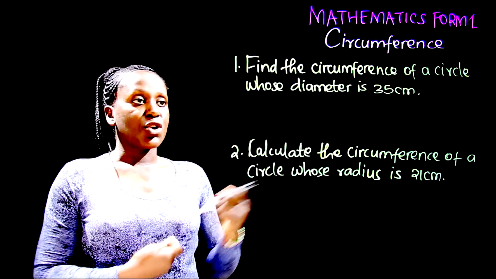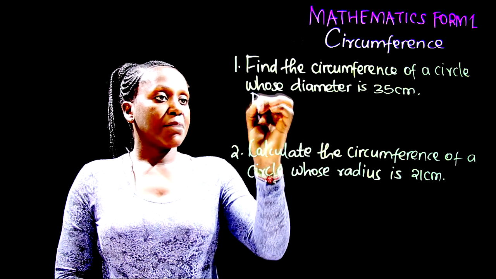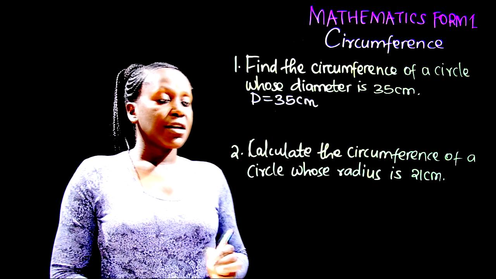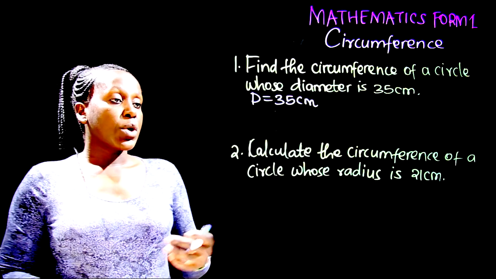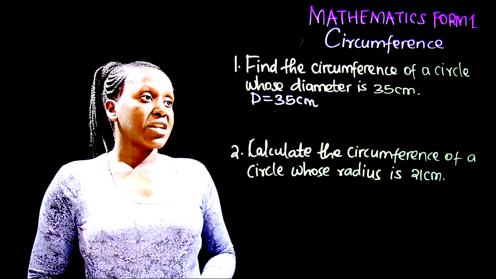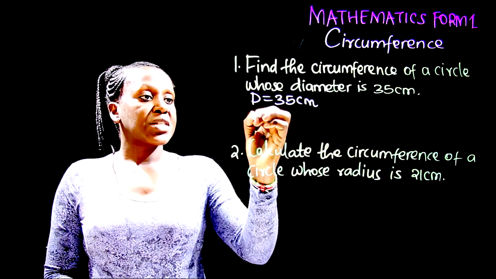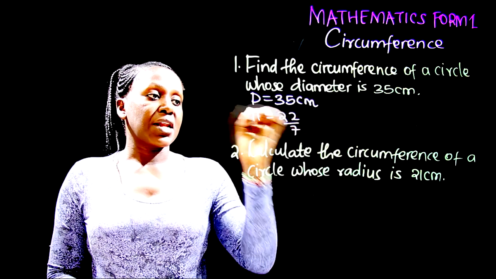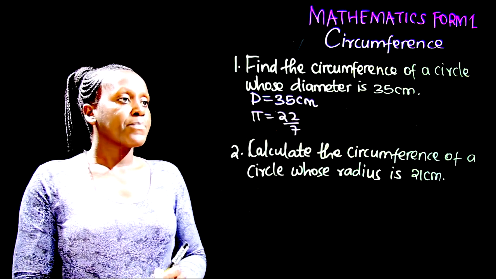We have been provided the diameter as 35 centimeters, and from our own knowledge, we know that we will need pi. Because pi has not been given in this question, we can use any of the two. I'll choose to use 22/7, and I will explain why.